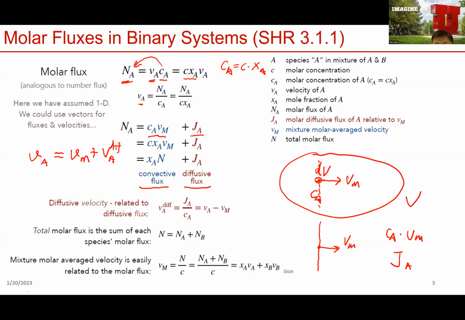So, some more equations here. The so-called diffusive velocity is the velocity that is related to diffusive flux, right?